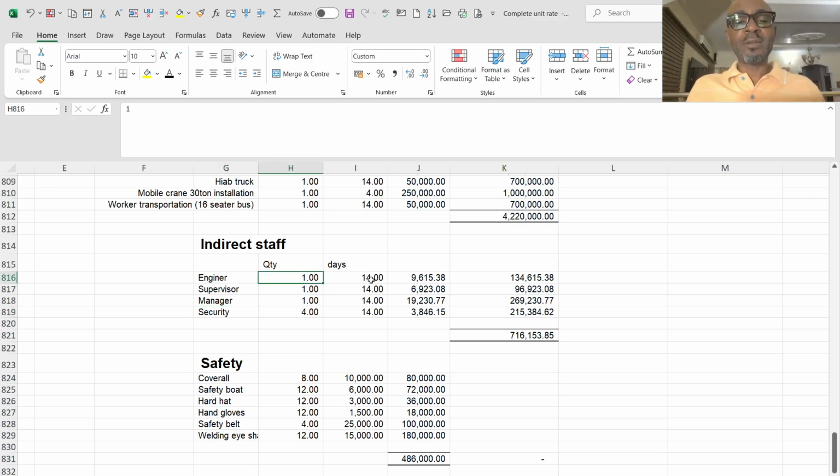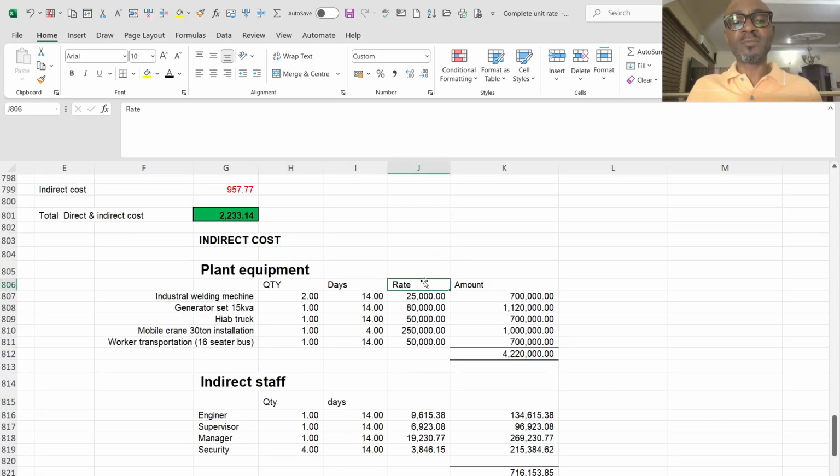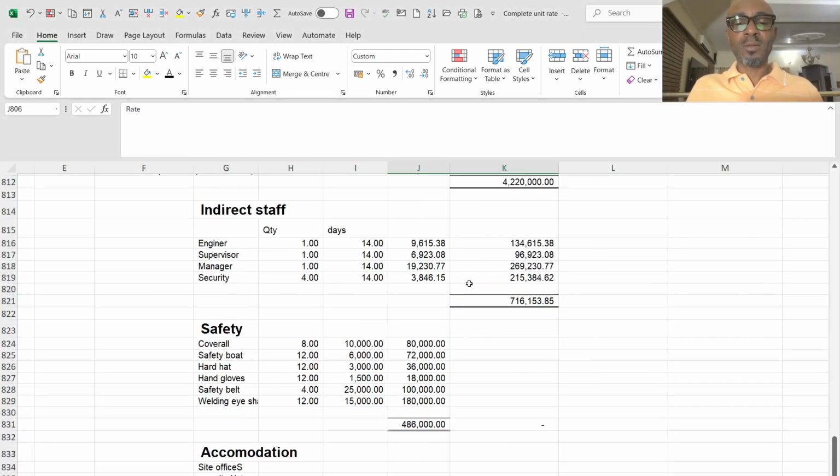They are going to spend 14 days as well, the quantity. This is the rate and the amount. So the cost for the indirect staff is 716 naira 153 kobo, 53 naira 85 kobo.